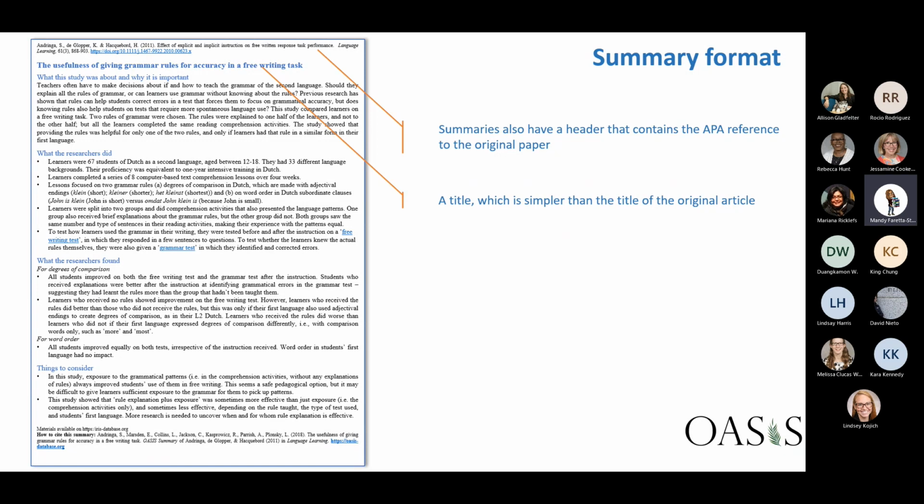So here, for example, the original title was Effect of Explicit and Implicit Instruction on Free Written Response Task Performance. That's the journal title. And here, the summary title is The Usefulness of Giving Grammar Rules for Accuracy in a Free Writing Task.